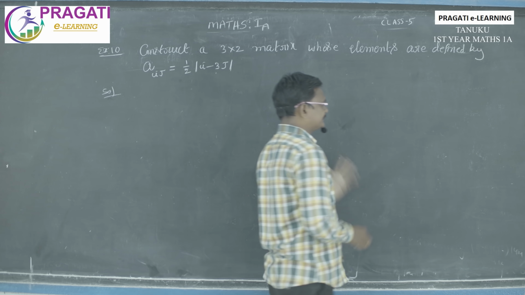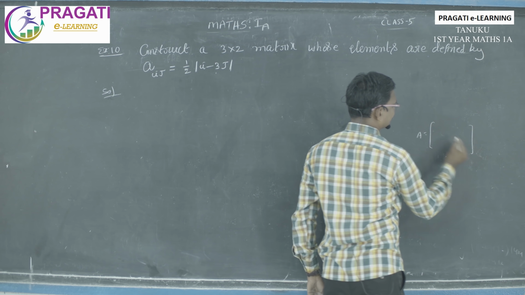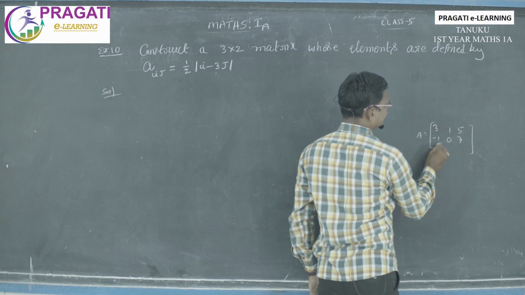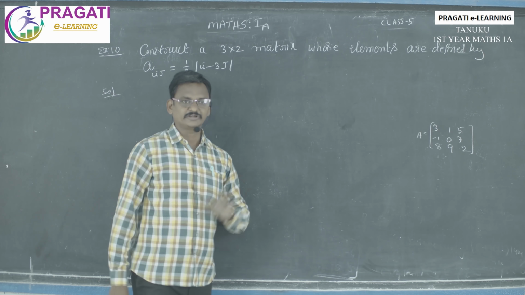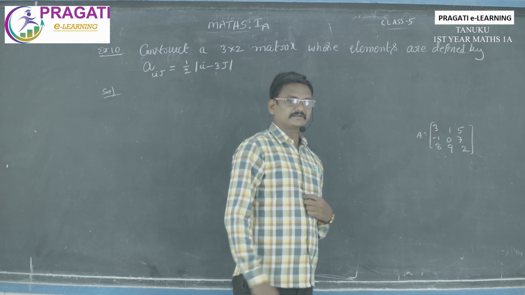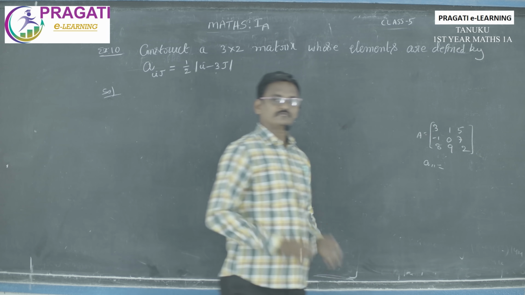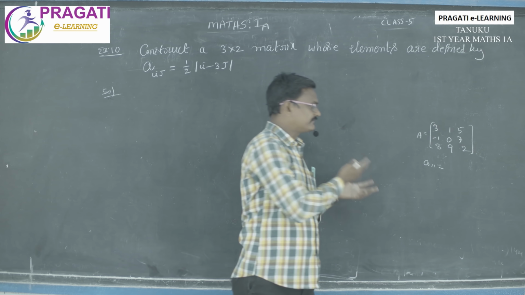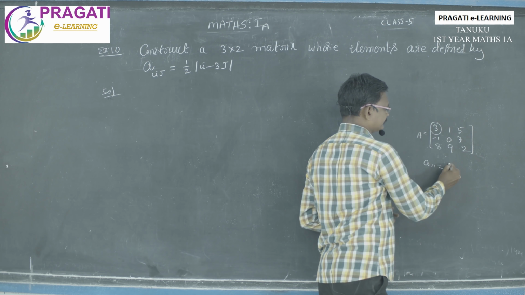That means, for example, I am giving you one matrix: 3, 1, 5, minus 1, 0, 7, 8, 9. All those are elements. Do you know already? Suppose I want A11. We can write it or not. From this matrix, A11 means 3.